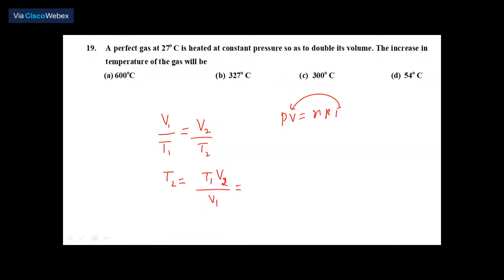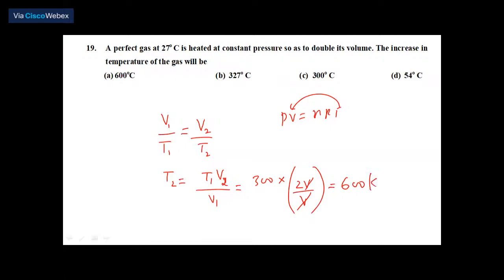Initial temperature is 27, that is 300 Kelvins, into V2 divided by V1. What is given here? Volume is doubled. So V2 divided by V1 is 2V divided by V. That is 2 itself. So the temperature is 600 Kelvins.